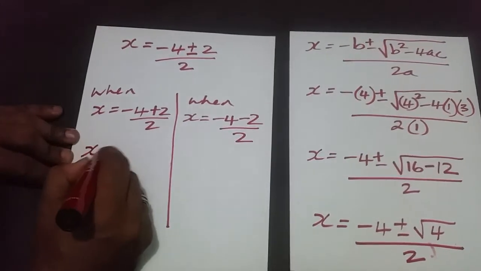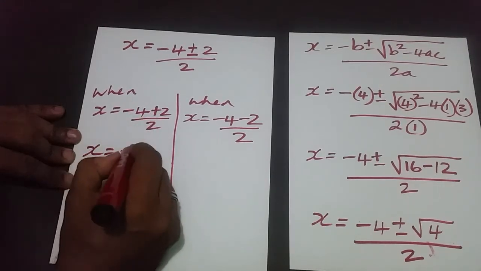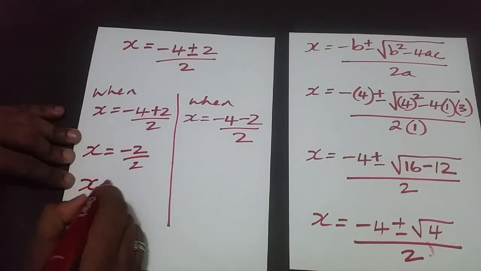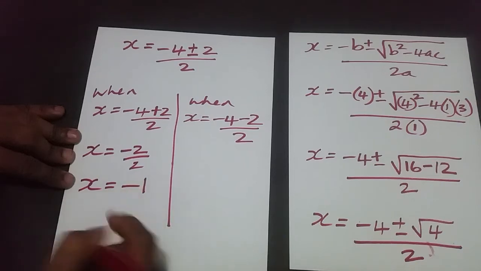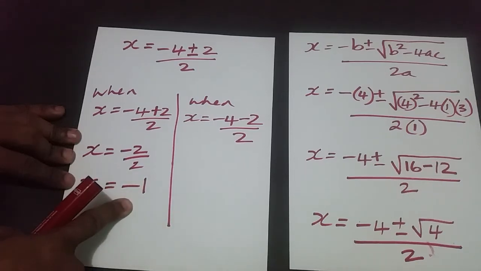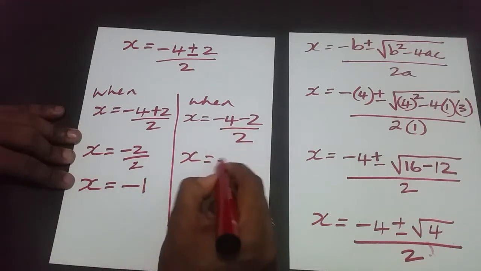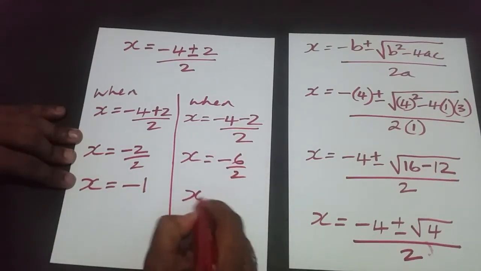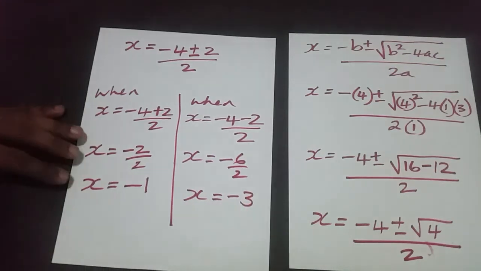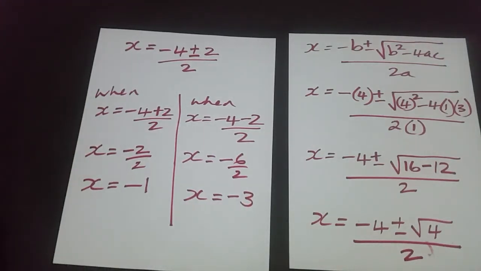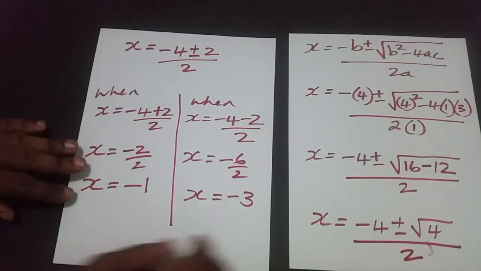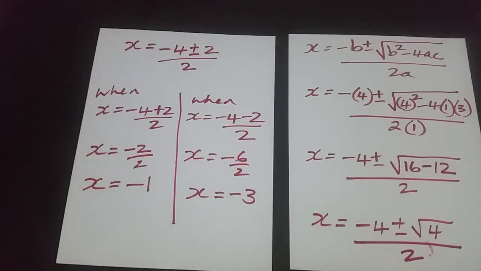So x will be equal to negative 4 plus 2, which is negative 2, and negative 2 divided by 2 is negative 1, which is one of the answers that we got with the factorization method. In this particular case, minus 4 minus 2 is negative 6, and that is going to be negative 3. So this is using the quadratic formula method to solve this equation here.